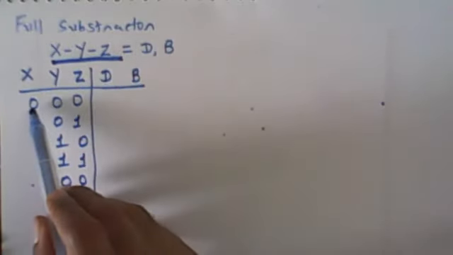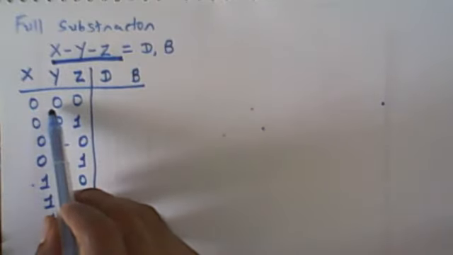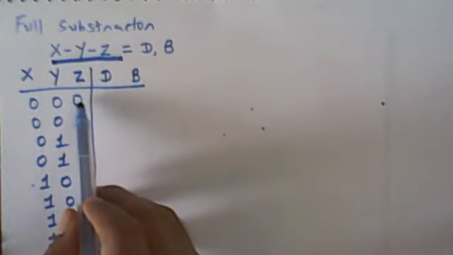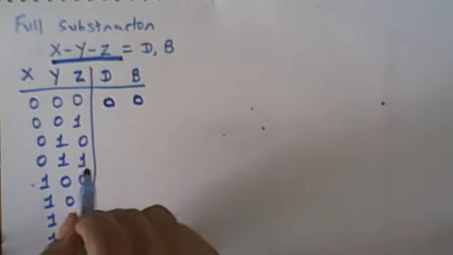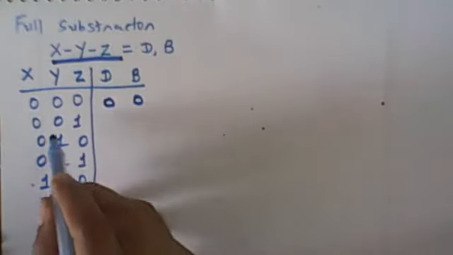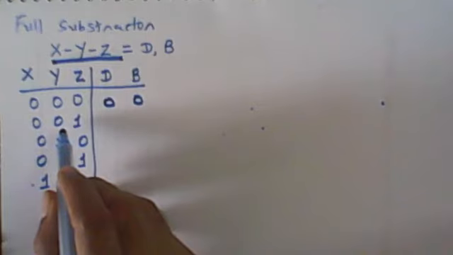Right? So let me subtract for the first input combination: 0 minus 0 is 0, and minus 0 is 0. So the difference is 0 and borrow is also 0.